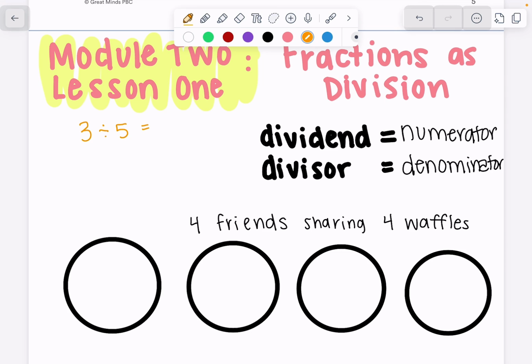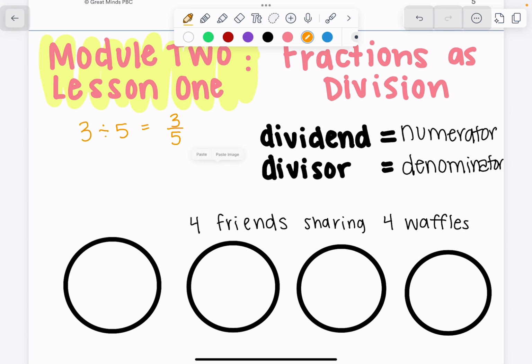But since it's smaller, it qualifies to turn into a fraction because that dividend isn't going to be split into whole pieces now. Since your divisor is bigger than your dividend, that divisor is going to be turned into a quotient that isn't going to be a whole number.